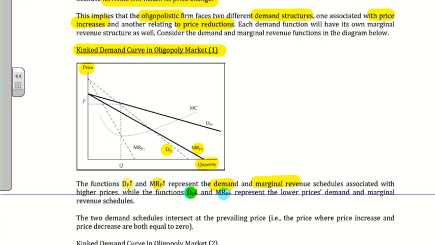Sorry, I've mislabeled those, so let's label them all correctly again, my apologies. DP rises, the marginal revenue as prices rise, and then I've got DP1, demand when price goes down, and MRP1 over there. The ones I've now put in blue represent the lower price demand and marginal revenue schedules.